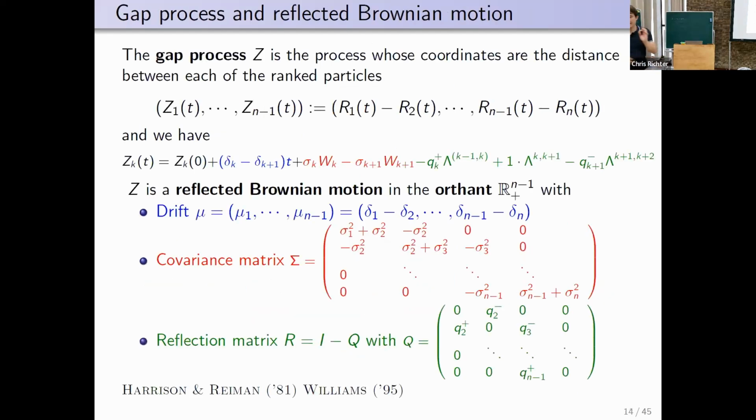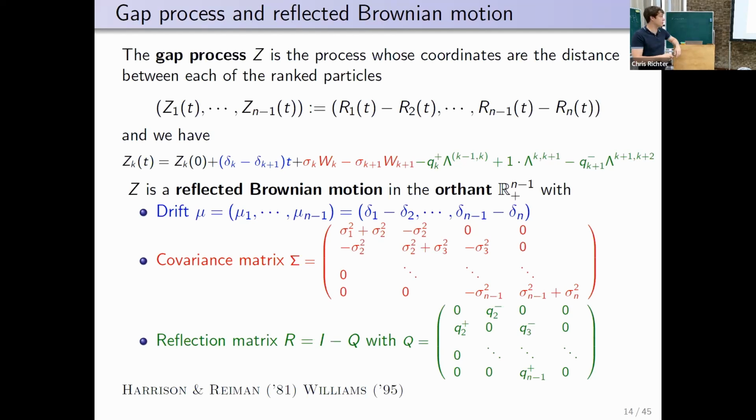Okay, so I am interested in the gap process. What is the gap process? The gap process is the distance between two ranked particles. So define Z_1 to Z_{n-1}, the gap process, like this. The gap process, in fact, will behave just as a reflected Brownian motion in the orthant, the same reflected Brownian motion that Harrison, Reiman, Williams, etc. defined many years ago. If you take the equation of the previous slide and replace it in this formula, you get this equation.